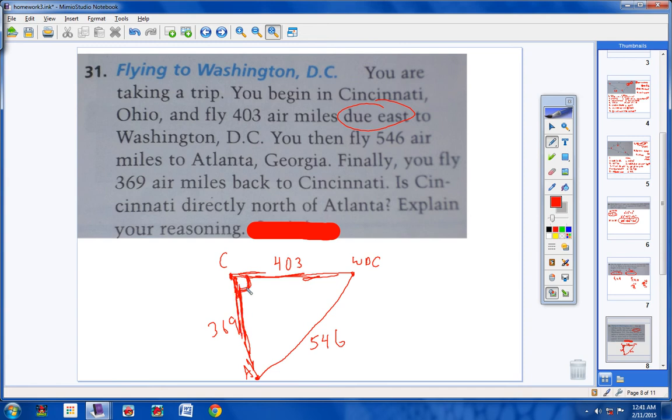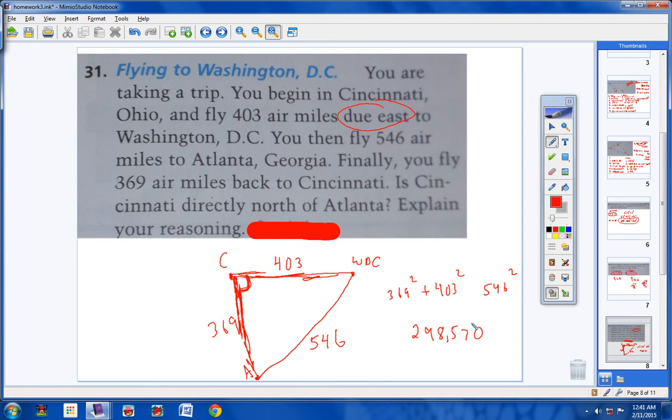So the only way to know whether or not I have a right angle here is to see if I have a Pythagorean triple. So you're going to see it doesn't work. If you take 369 squared plus 403 squared and compare that to 546 squared, I will very quickly see what you'll get here, but it's not going to be equal to each other. 369 squared plus 403 squared, you're going to get 298,570.